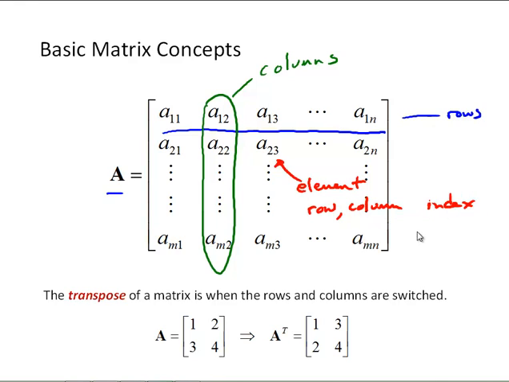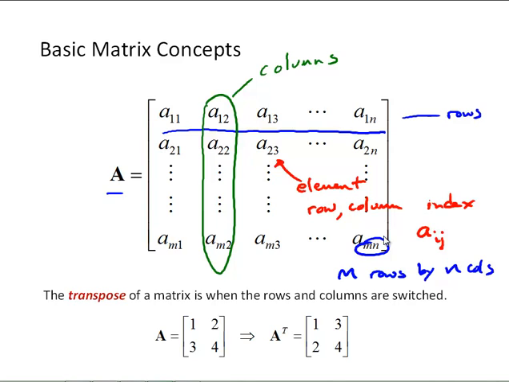And oftentimes we'll refer to that as A_ij. Lastly, we'll look at the overall matrix size as having M rows by N columns. So the lower right corner of the matrix would be A_mn.